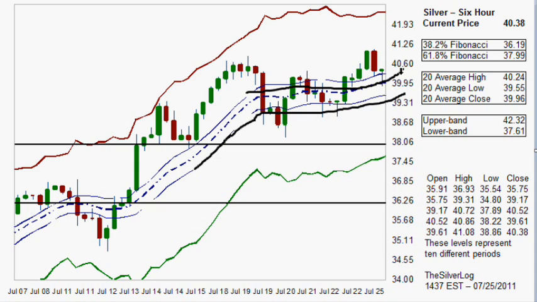This shows the market's been in a correctional phase, because it dipped down between these averages and did not come down to this Fibonacci line. It does not have to. It can, it didn't.